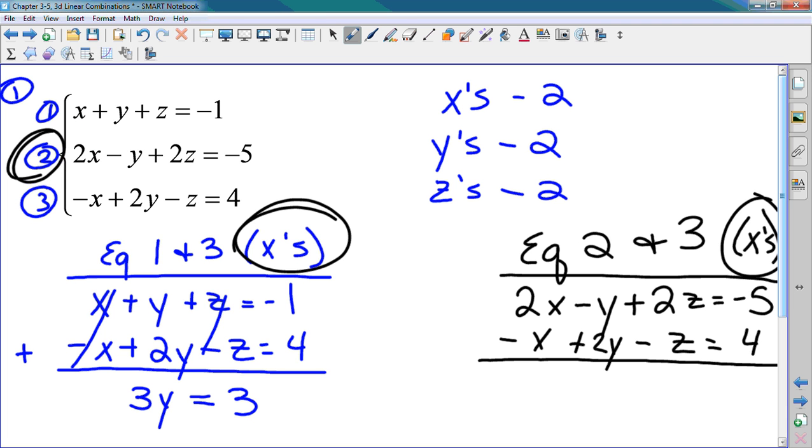Now, if I add these, does that eliminate the x's? No. What do I have to do to the bottom equation in order to eliminate them? Multiply the entire equation by 2. Even the 4? Everything. The entire equation by 2.